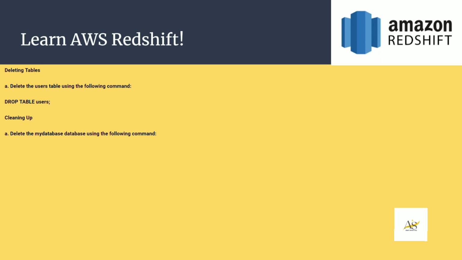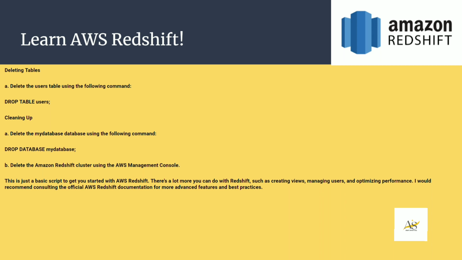It's as simple as drop database and then the database name. And for whatever reason, if you chose not to utilize the AWS Redshift cluster, or at least that specific cluster, then this is a basic script. You can delete it. And at that point, you can choose not to use Redshift, or you can practice some more.